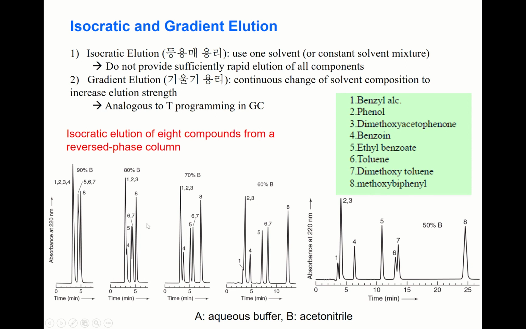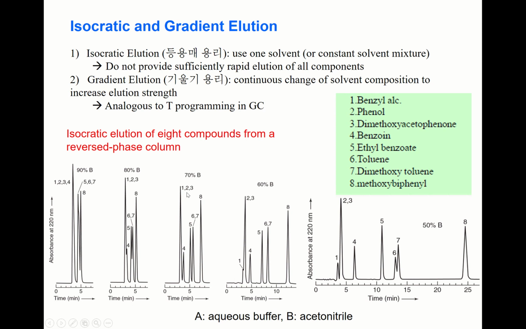Okay, but now let's decrease the acetonitrile while increasing the aqueous portion. This is much better than the first one, but still compounds 1 to 3 are not separated.